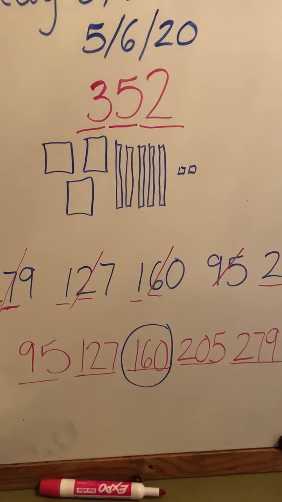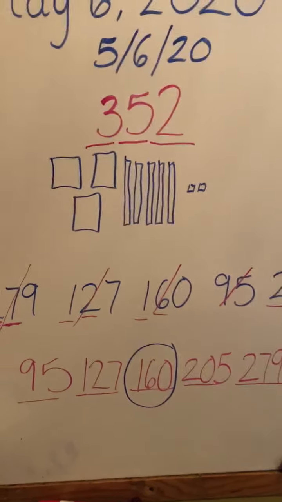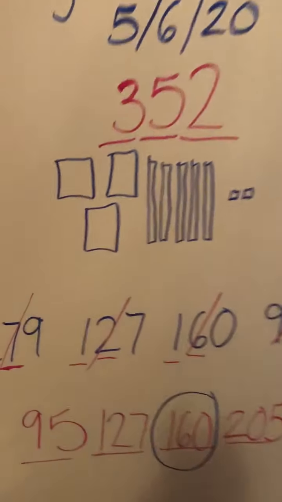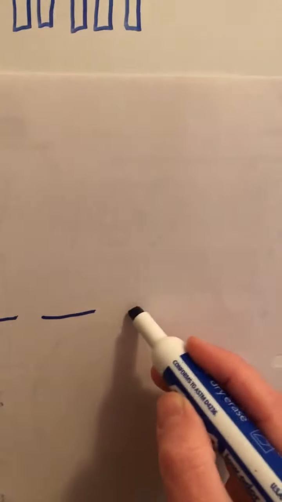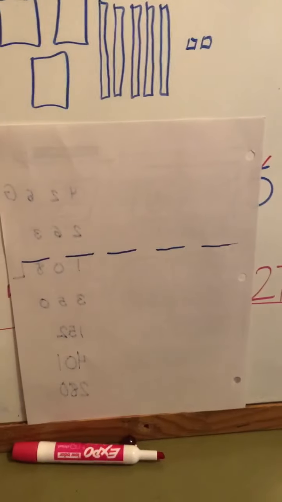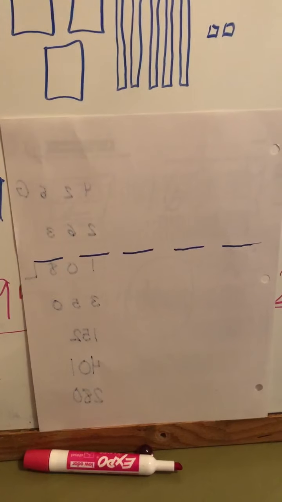Good. Okay, now I want you to turn your paper over. So this paper that you just had, I want you to turn over onto the back. And I want you to write 5 lines on the back using your pencil, just like I did on the board. 1, 2, 3, 4, 5. 5 lines, just like that.